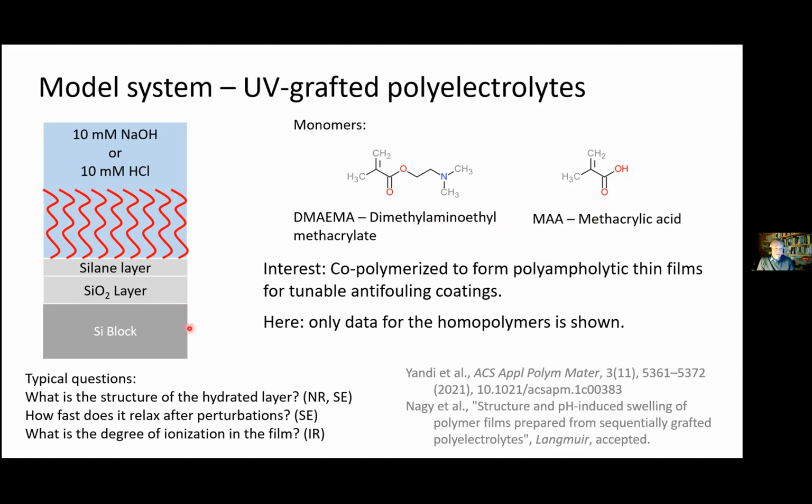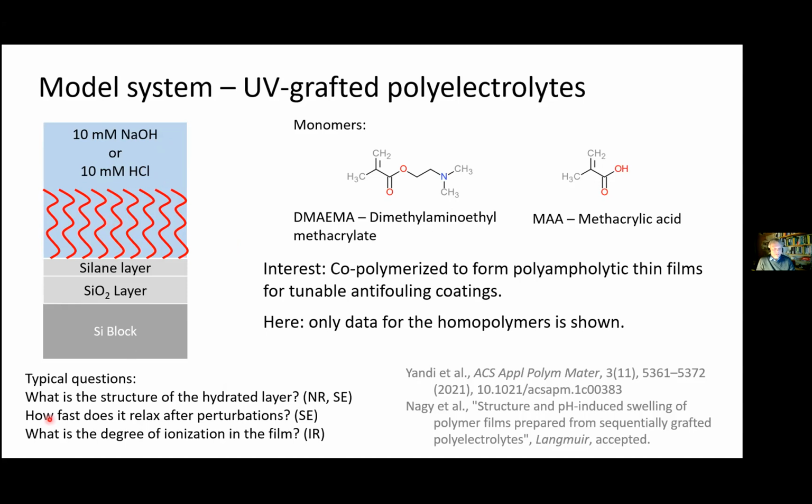And the geometry of the sample is this. We have a silicon block, an oxide layer, a silane layer to couple the polymer to the oxide, and then the polymer. And this will be measured at low and high pH. What we are interested in is, what is the structure of the hydrated polymer layer, because the structure of the polymer layer will determine its anti-fouling properties.